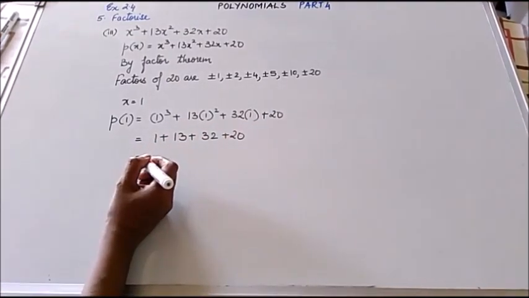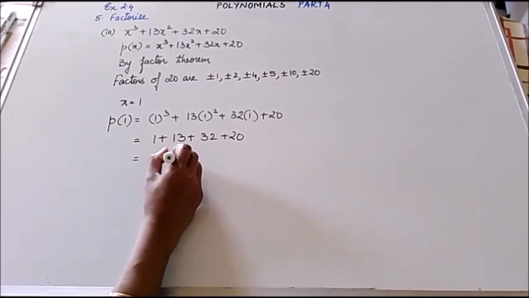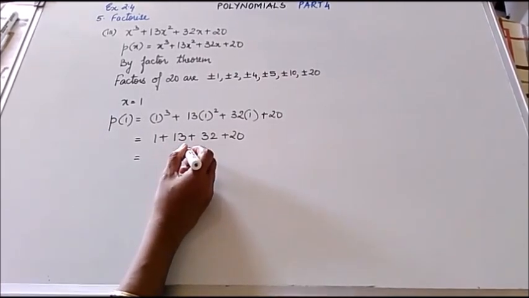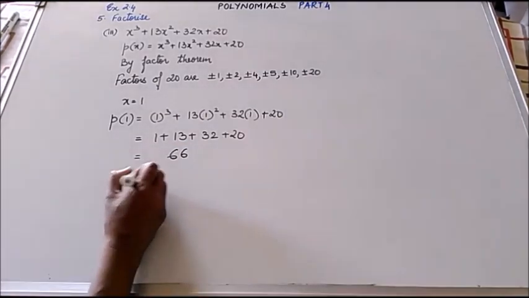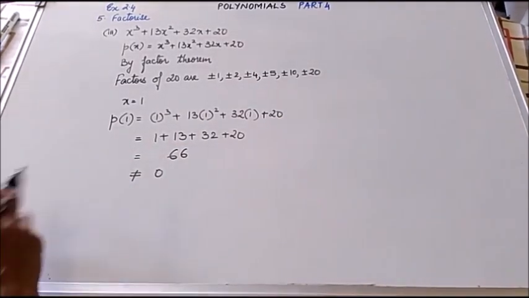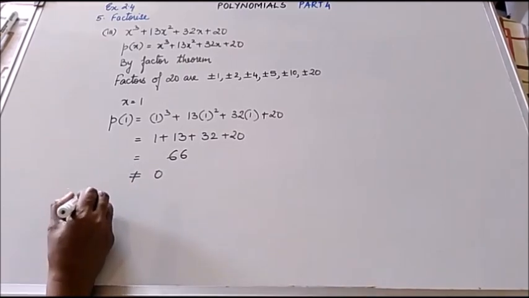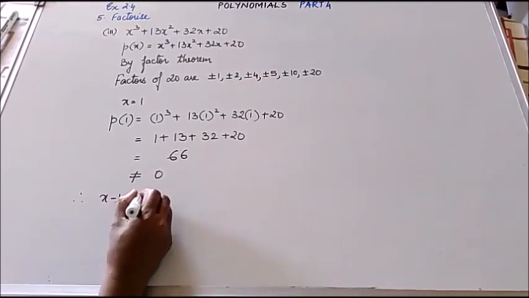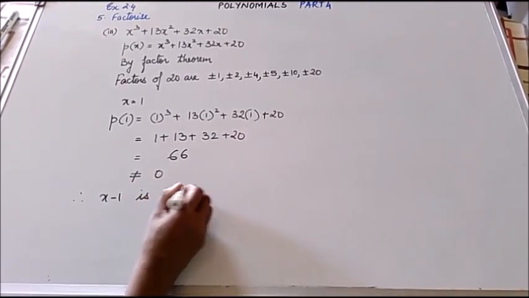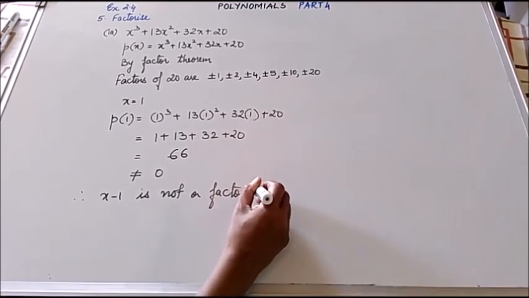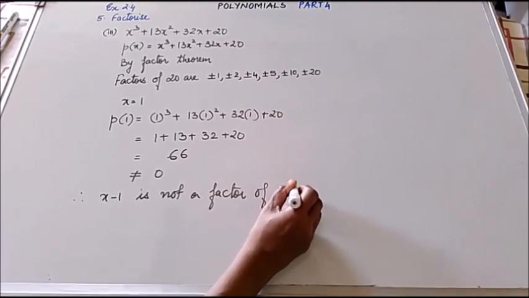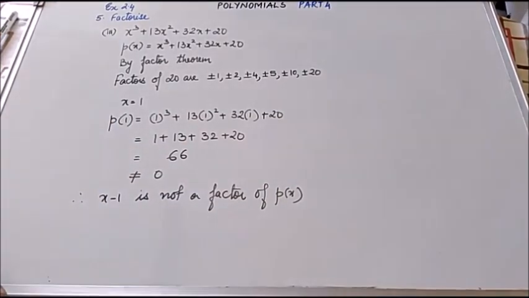This will give us 66. This is not equal to 0. Now since this is not equal to 0, therefore x minus 1 is not a factor of p of x. So what we do? We continue the same way till we find a factor.